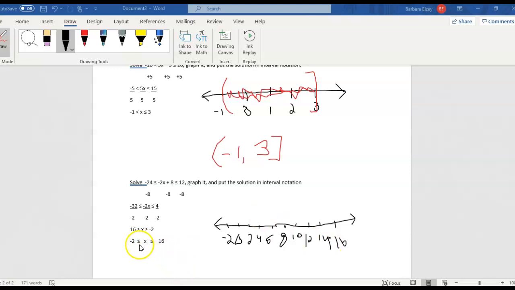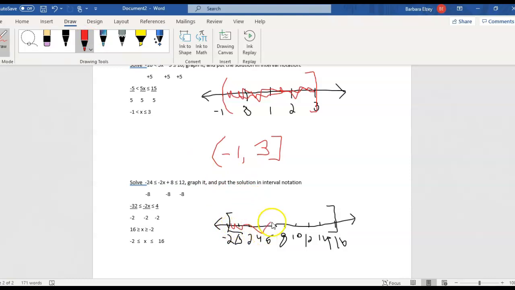All right, so let's go to negative 2. We have an equal sign right here. So that means I need the square bracket pointing inward toward the 16. And then on the right side, 16 also has an equal sign right there with it. So let's point that one inward. And I meant to change these to red. So let's just do our shading in red.